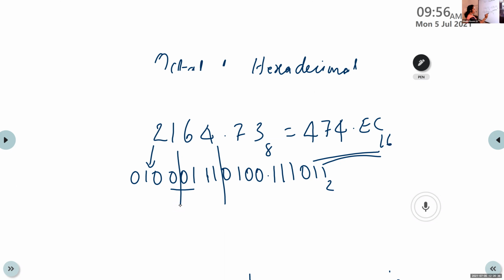Then for fractional numbers, counting starts from the fractional point. So 1 2 3 4. Only 2 bits are there, so we have to add 2 more 0s here. So this is 1 1 0 0. Okay, then use 4-bit table. Which one is 4-bit table? 0 0 0 0, 0 0 0 1.